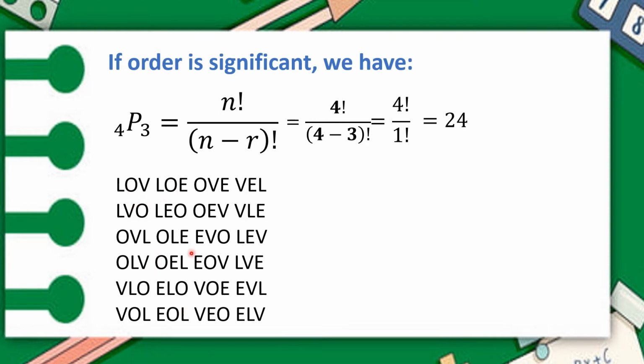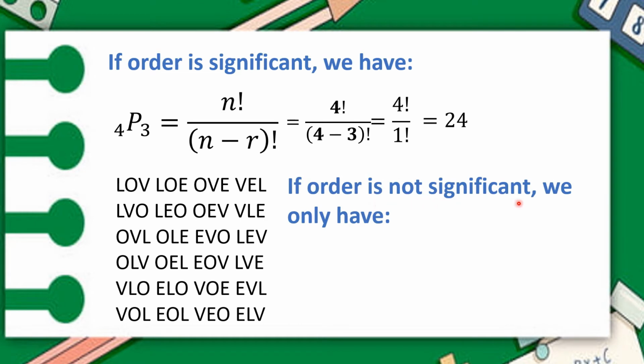Same sa second column, yung LOE, LEO, OLE, OEL, ELO, tsaka EOL. 3 letters lang din yan, pero iba't ibang arrangement. Dito naman, 3 letters din, yung OVE, pero iba't ibang arrangement. VEL, 3 letters din, pero iba-iba yung arrangement. Kaya, all in all, we have 24 arrangement kapag order is significant.